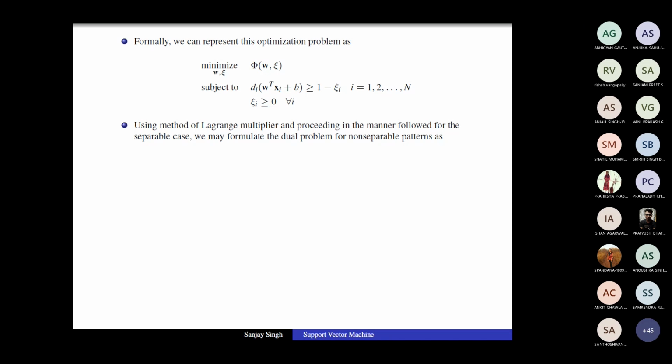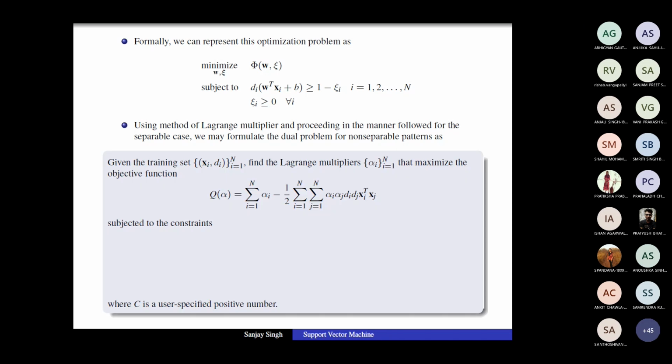And now, as I said, we follow this Lagrange multiplier, and then we use this again on top of this one. That is, we go for the dual formulation, and the dual formulation is something like this. So the same process, whatever we have done earlier, is extended to this. So I'm not doing this again.